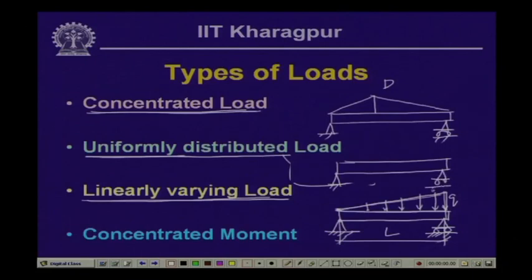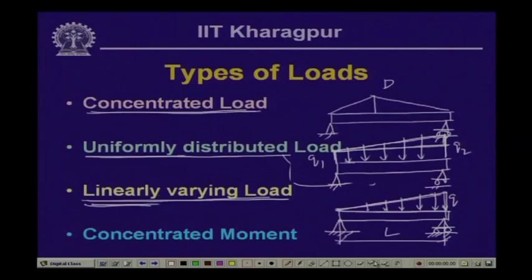So, there could be different kinds of variations. Say here we have intensity q 1, and here we have intensity q 2, and between these two it is varying in a trapezoidal variation. Since q 1 is constant over here, again from here to here it is linearly varying. So, everywhere the intensity of the loading is varying linearly.